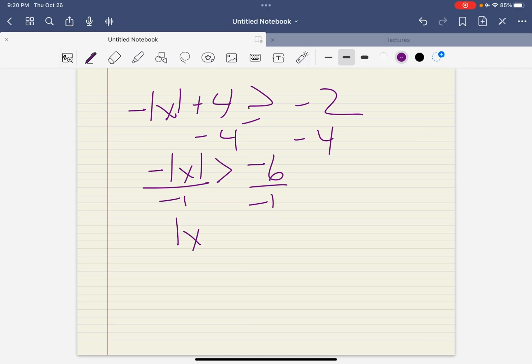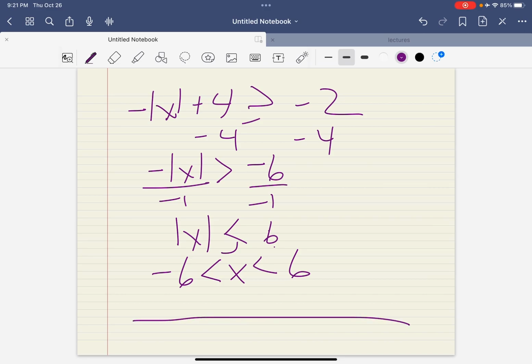So absolute value of x is less than, because we're dividing by a negative, positive 6. So to do that, you write down x less than 6. And then you take this symbol and you put it in front, and you change the number to the opposite. That's always the way you do absolute values. So then I'm going to go from negative 6 to positive 6. It's an open dot because it just says greater and less than. So there's your graph.